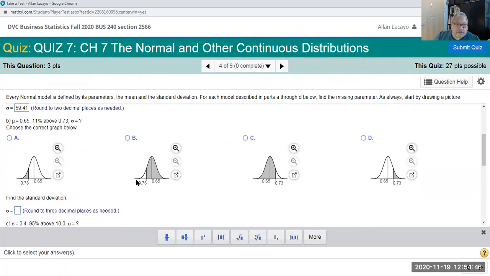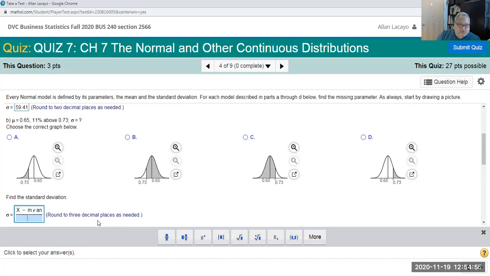So whenever you need a standard deviation, be sure to take the value of x, subtract the value of the mean, and divide by the z-score. The z-score is going to come from the standard normal graph. So in this case, where the mean is 0.65 and you're looking at above 0.73, then the z-score is the z-score that corresponds to the 11% above. So the z-score is for the 11% above the certain marker.